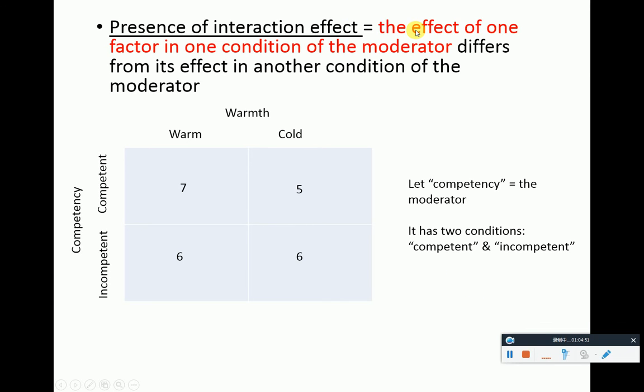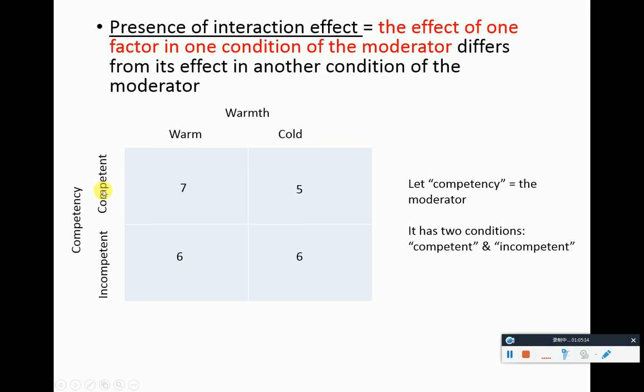So then let's see the part of the sentence that I made red. The effect of one factor in one condition of the moderator. Now we know the moderator is competency, and one condition of the moderator could be competent.